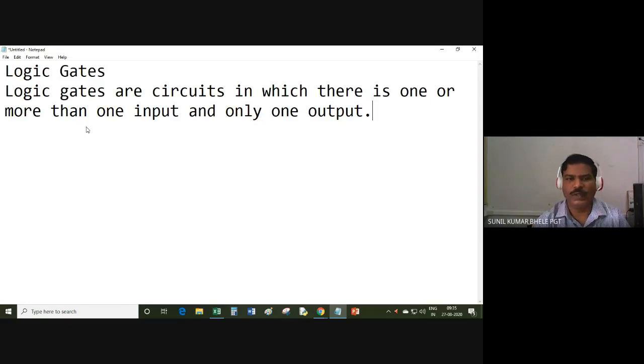So the input may be more than one, but the output is only one. You can note down in your notebook: logic gates are circuits in which there is one or more than one input and only one output.